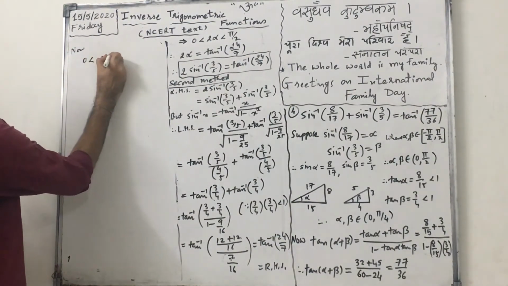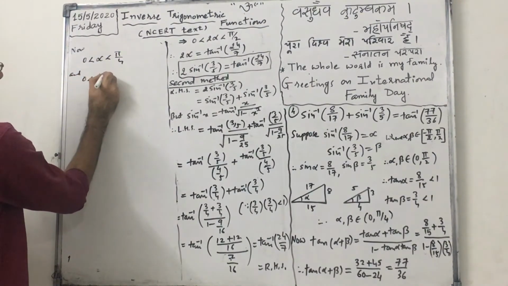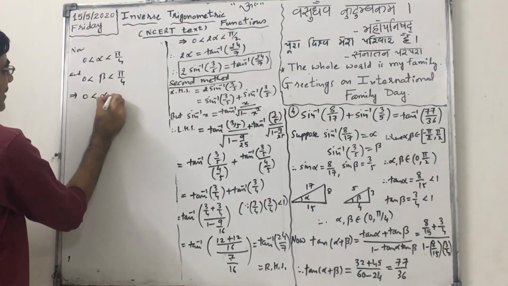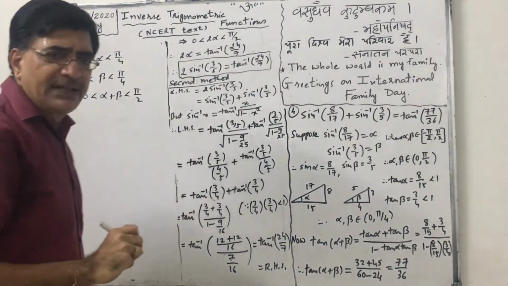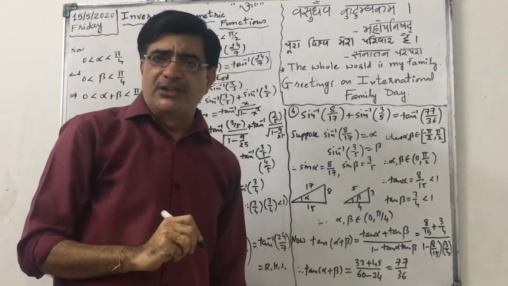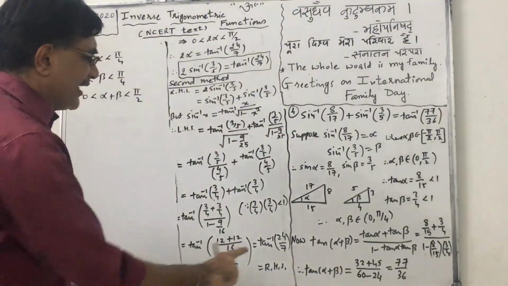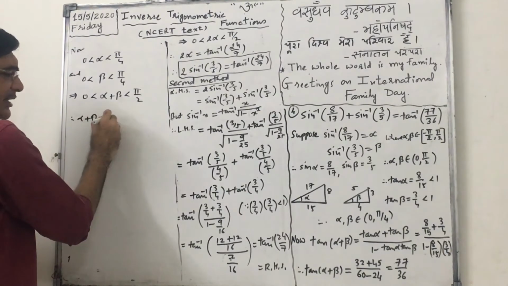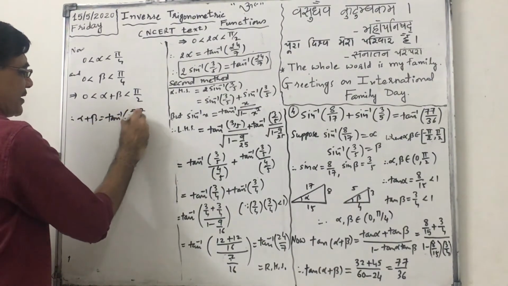0 less than alpha less than pi by 4 and 0 less than beta less than pi by 4 implies that 0 less than alpha plus beta less than pi by 2. Thus alpha plus beta is in the range of tan inverse, that is the open interval minus pi by 2 to pi by 2. So we can write here, therefore alpha plus beta can be written as tan inverse of 77 by 36.